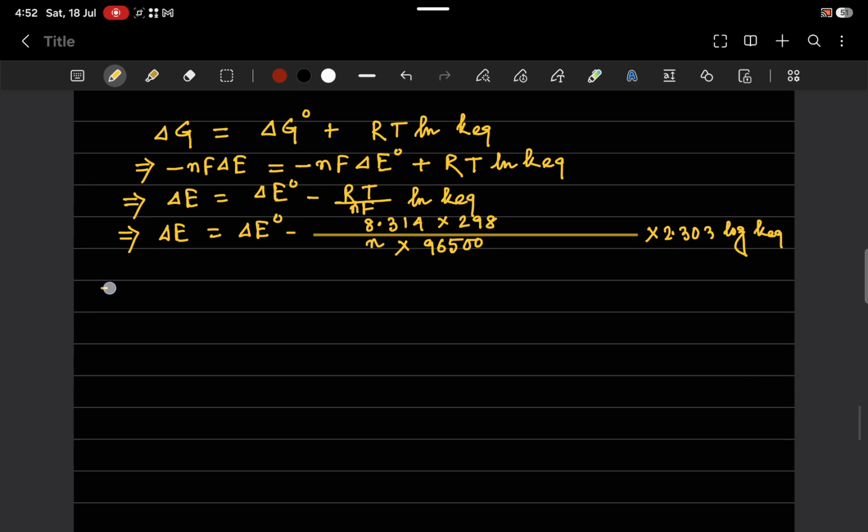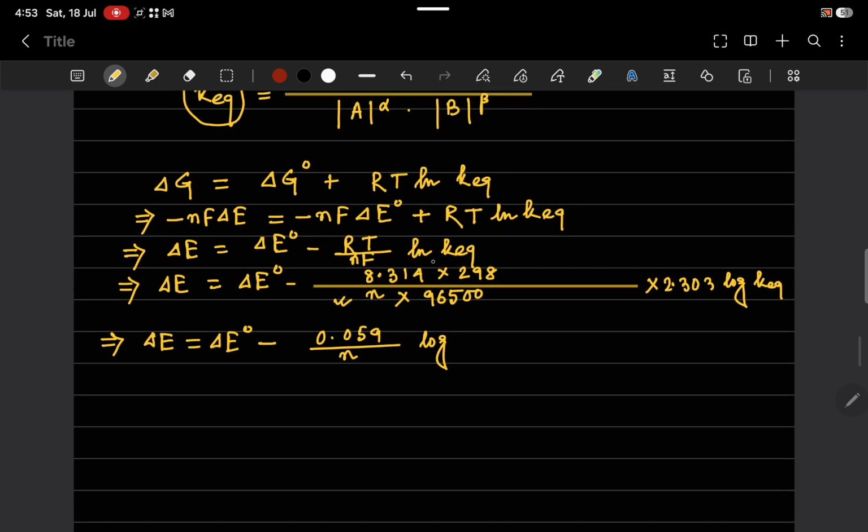Now, I am doing very basic mathematics, very basic algebra. If you simplify this portion, it will give you delta E0 minus 0.059 by n, okay, that will be log K equilibrium.